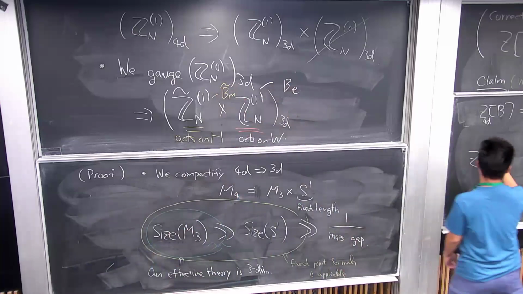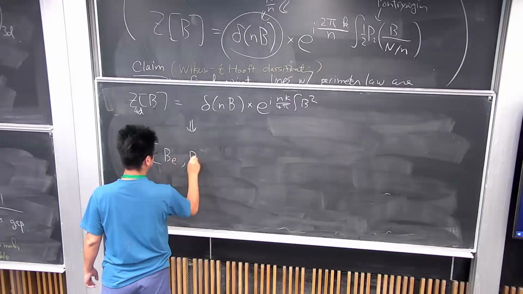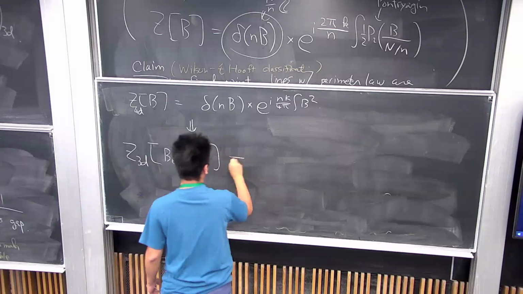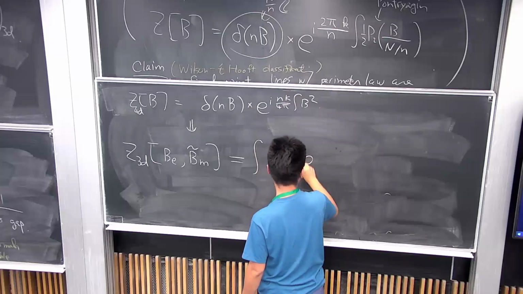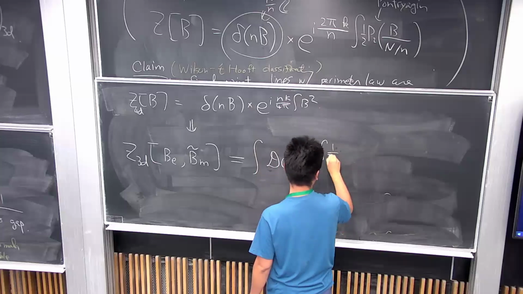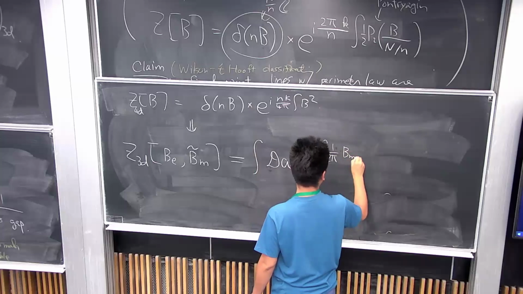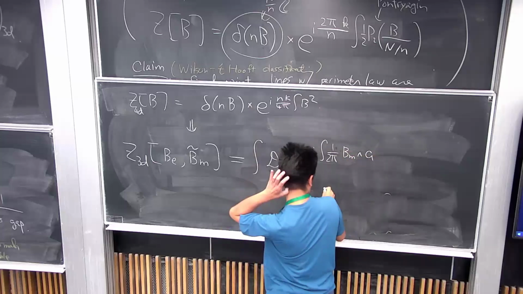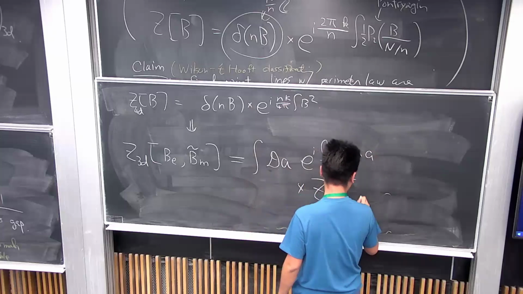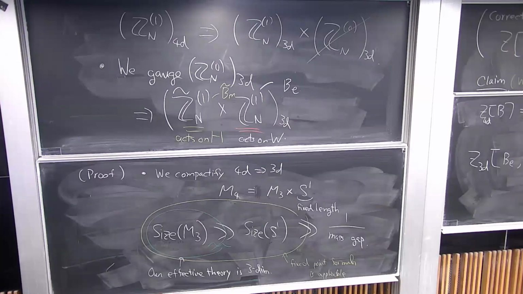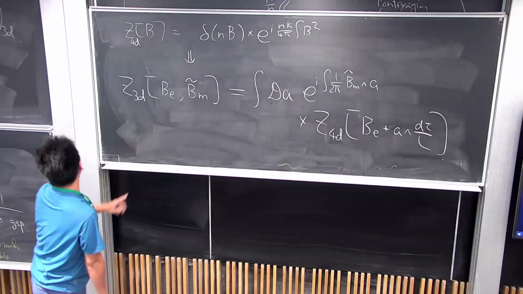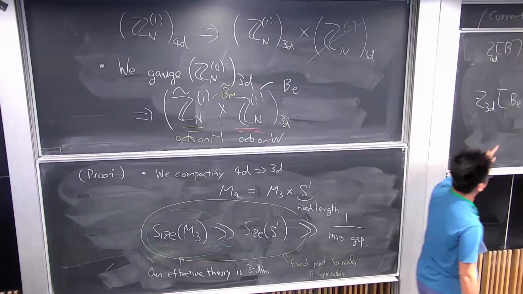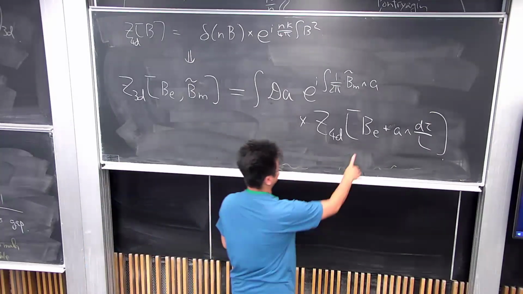And we would like to compute B. What we are going to perform in this manipulation is to compute this 3D partition function using this formula.